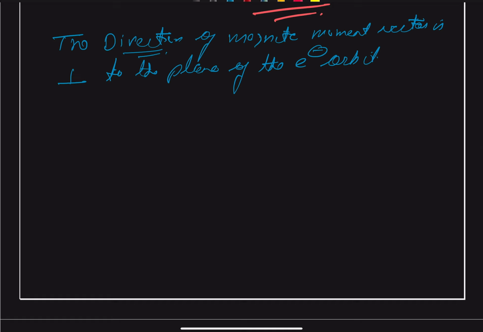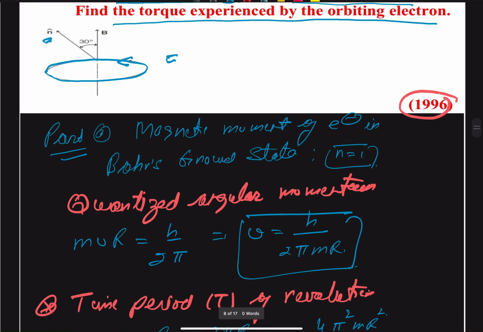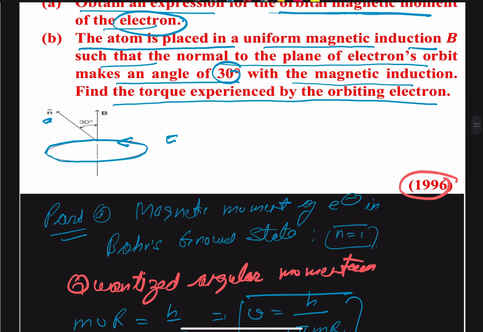We are going to find out the torque on a magnetic dipole. I think this was asked: if the atom is placed in uniform magnetic field induction B, find the torque experienced by the orbiting electron. Okay.